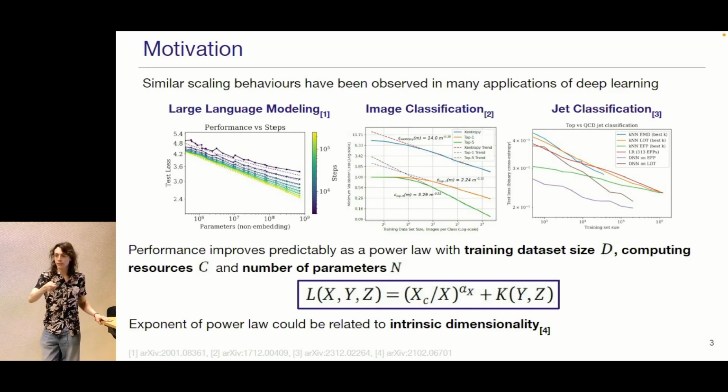So that's why it's applicable even for large language modeling, where you don't have a definite dimensionality, but your network puts all your data in some kind of manifold, and the dimensionality of that manifold should be related to the scaling behavior that you see.